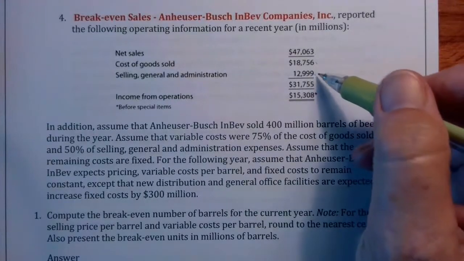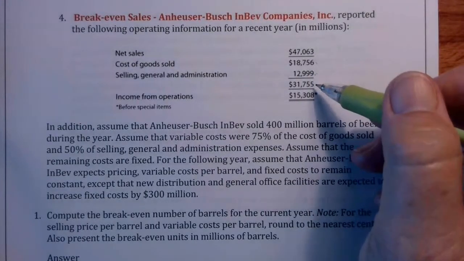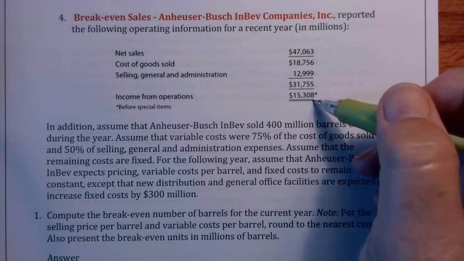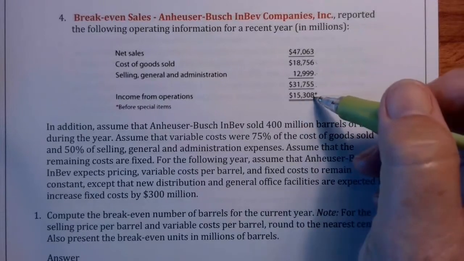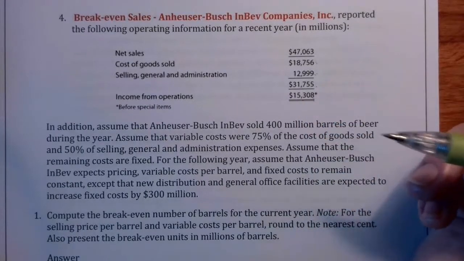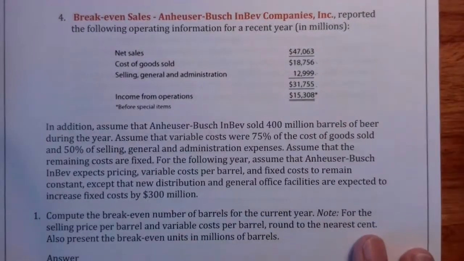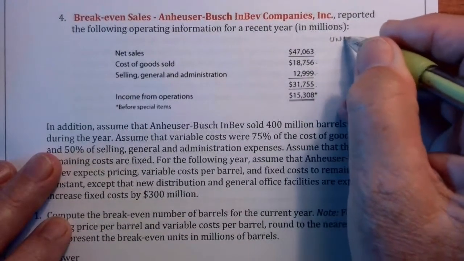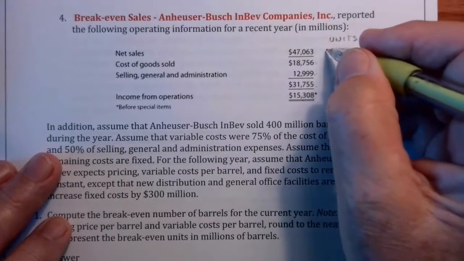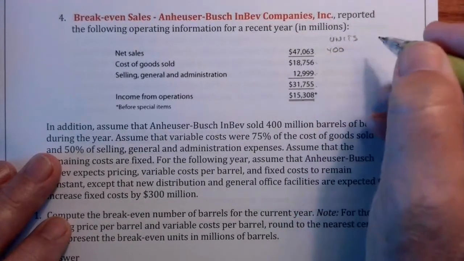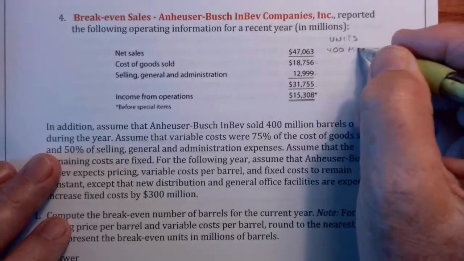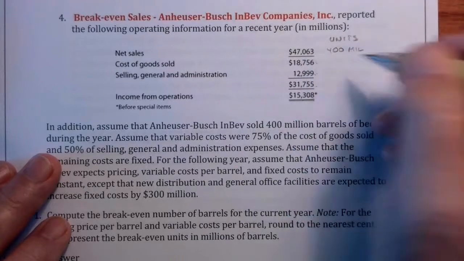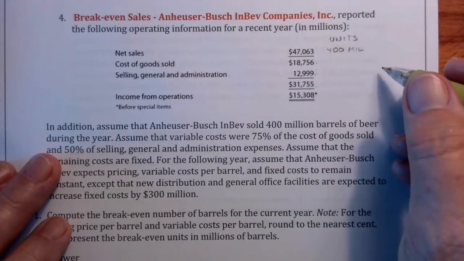Selling, general and administrative expenses are $12,999, for income from operations of $15,308 million. In addition, assume that they sold 400 million units. So I'm going to put a column here for units, and this is going to be 400 million.